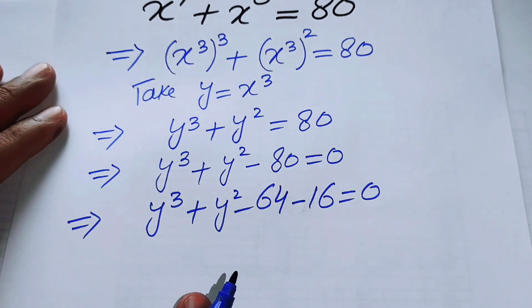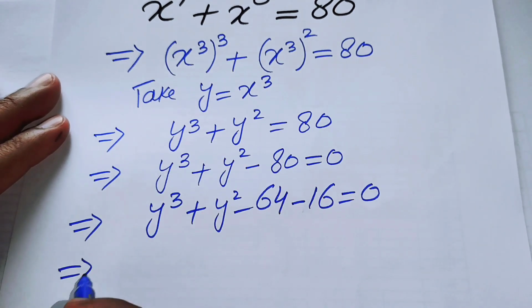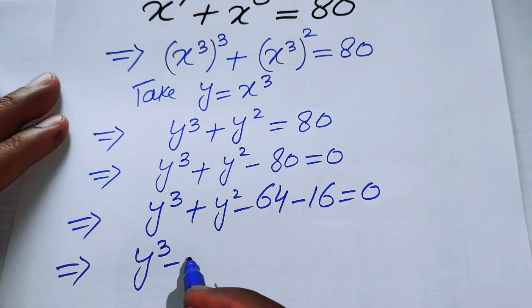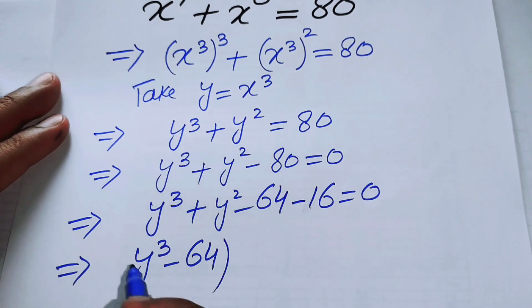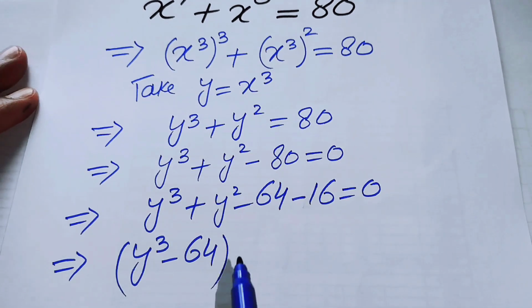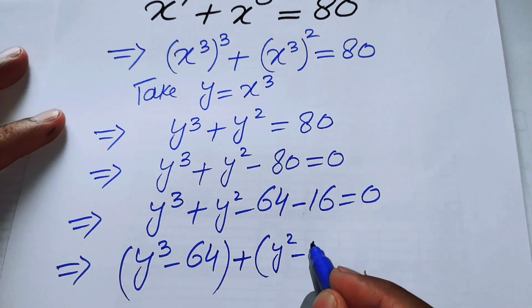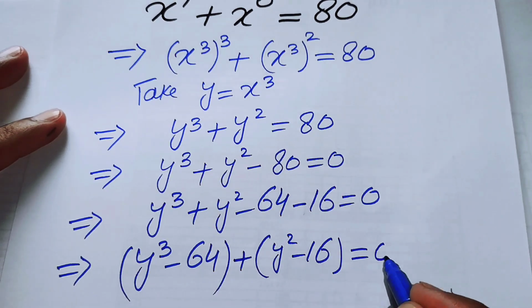After that I will rearrange the terms, and we will get y cubed minus 64, and we will write this as plus y square minus 16 is equal to 0.